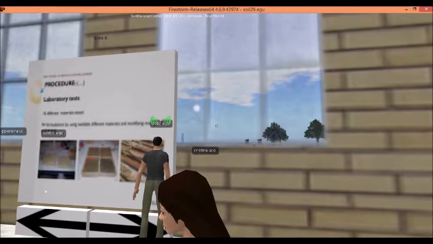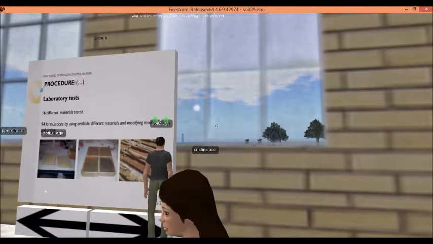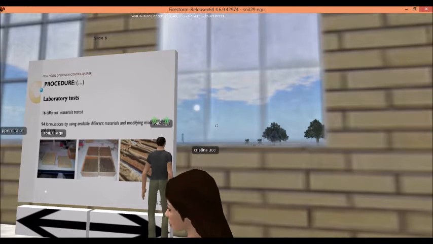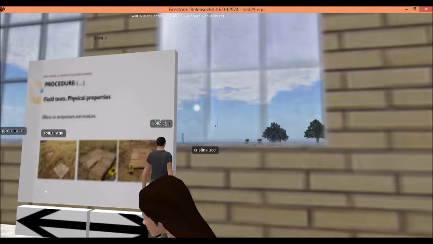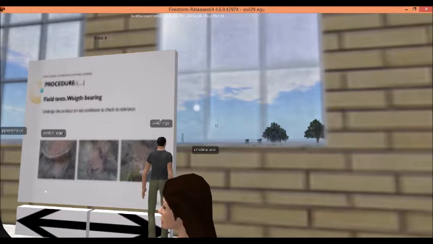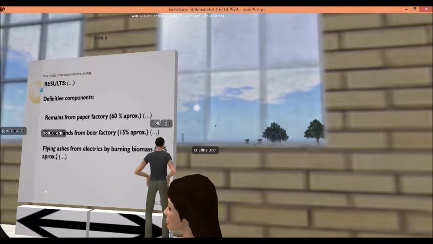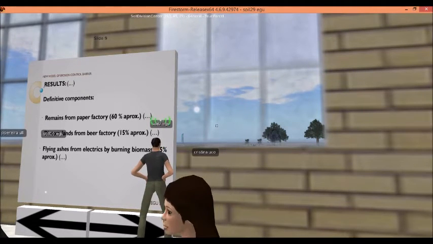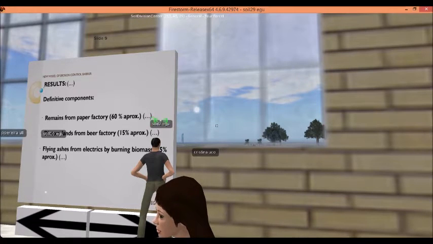In the following slides, you can see the procedure and the results.